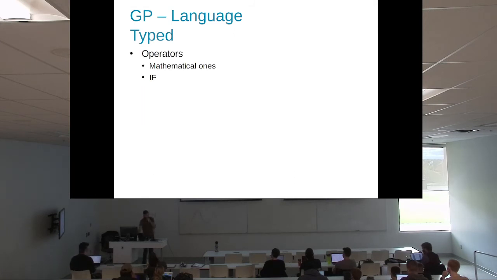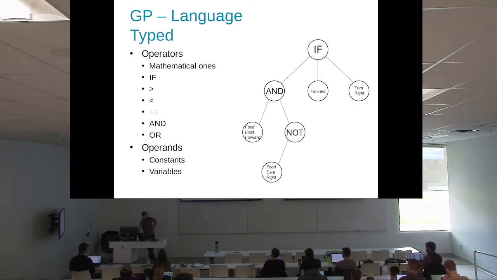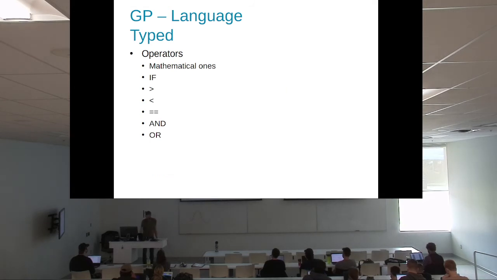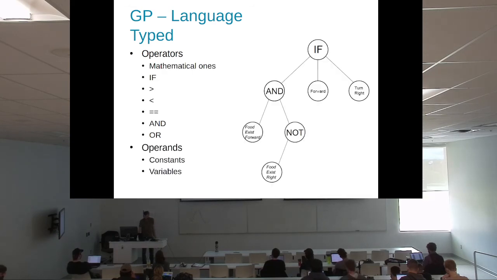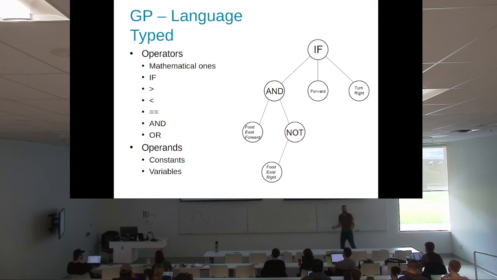So in other cases, we might want if, greater than, less than, equal to, and, or, operands. Here's another example with a little bit more in there. We threw in an if. I think in the last one I actually listed if as well, but we didn't include it. So now you'll notice that all the other trees we were looking at were binary trees, though some of the operators would only ever have one child.